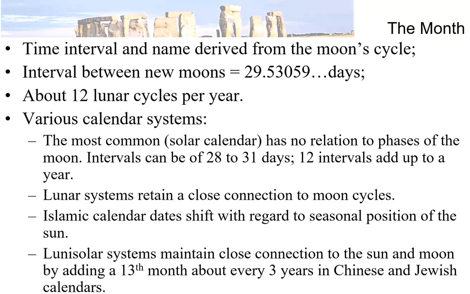Well, 365 is not evenly divisible by 52 weeks. 7 times 52 would be 364. So you got that 1 day difference.